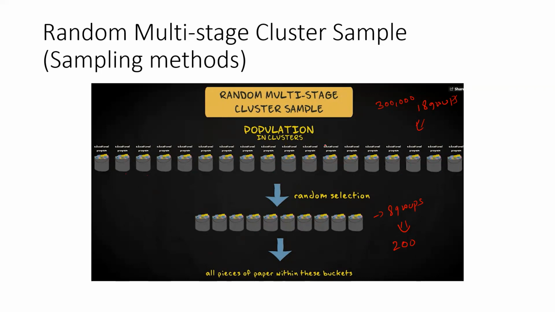So out of 18 groups, it randomly selects 8 groups, and the 8 groups would have a sample of 200 students. This process is called random multi-stage cluster sample. Cluster means group, multi-stage means we have multiple stages.